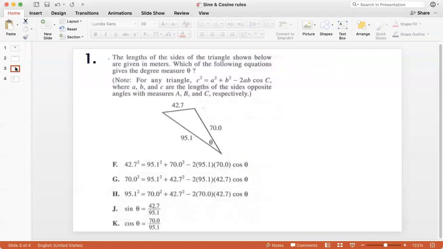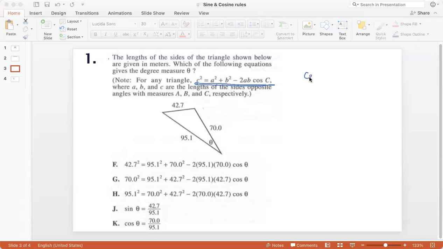The lengths of the sides of the triangle shown below are given in meters. Which of the following equations gives the degree measure theta? Now here we have been given the sides and we have been asked to find theta. And we have also been given the cosine rule in this format, right?